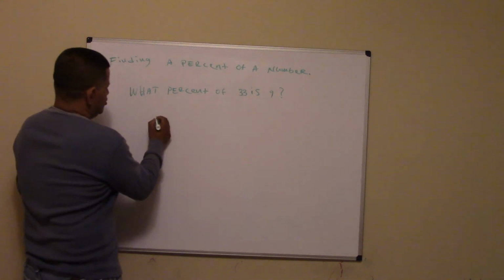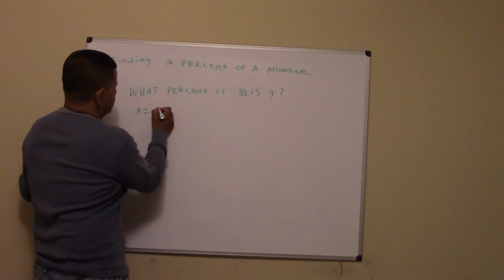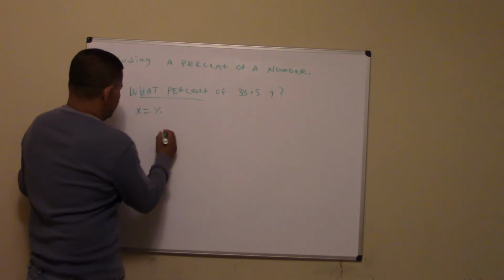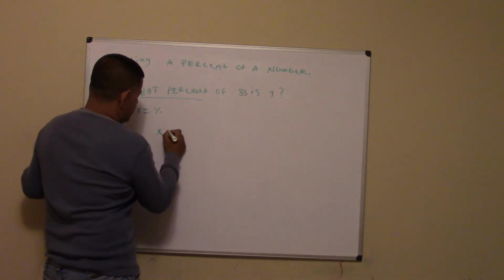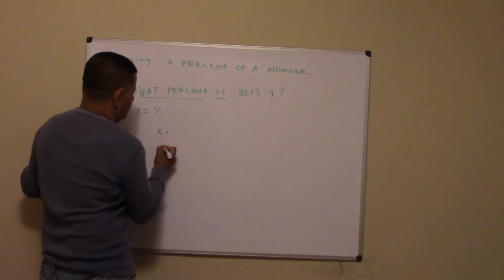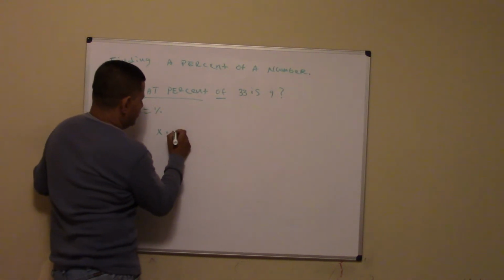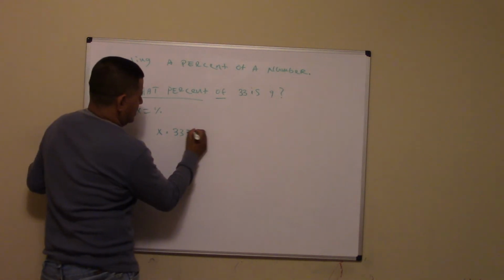Okay? So again, I will do the same method. I let x be the percent, which is what I'm looking for. I say that x times 33, because the word "of" represents times, equals 9 on the other side.